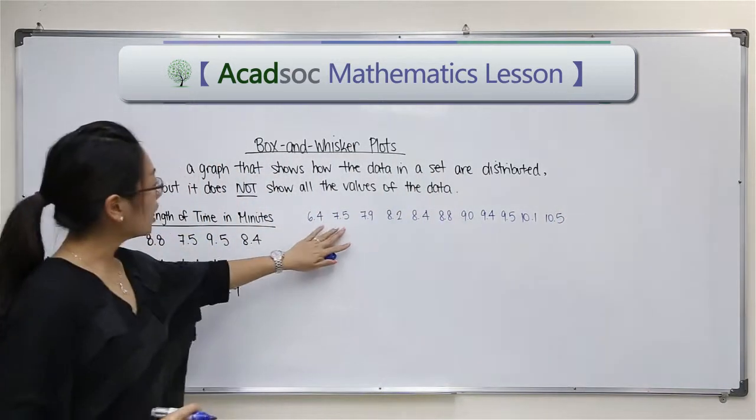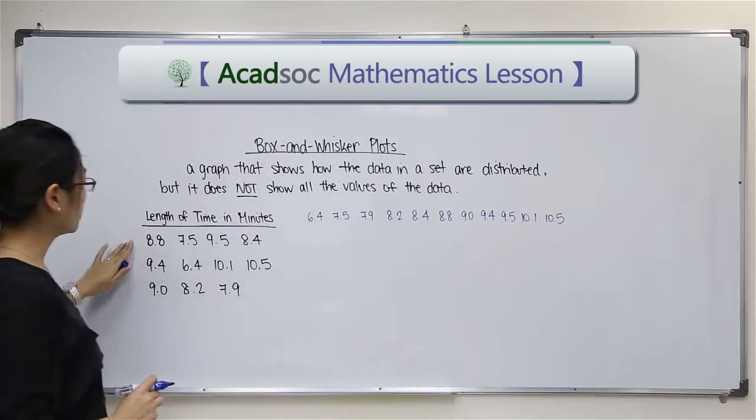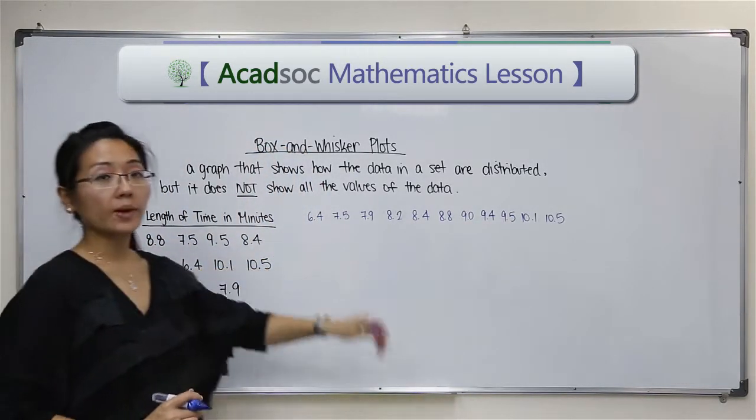So I have 11 values here, 11 here. So I know I have all of my data.